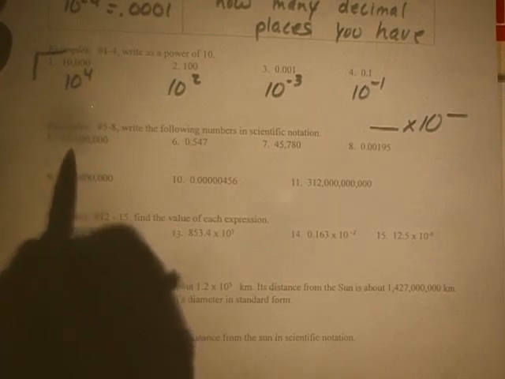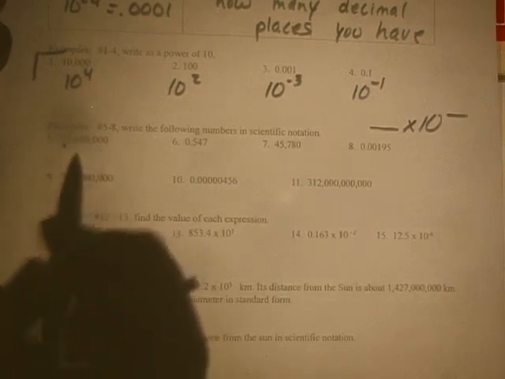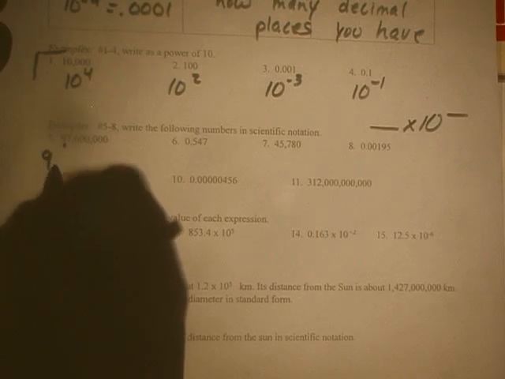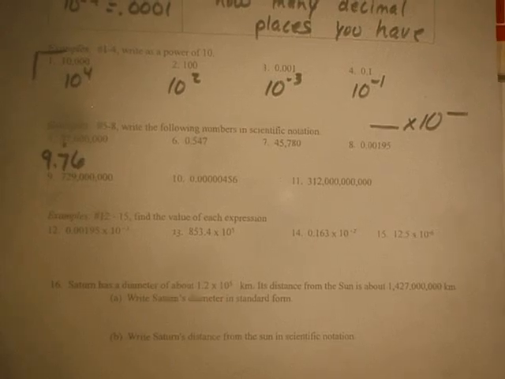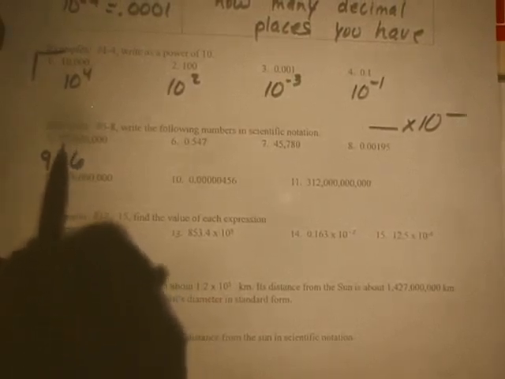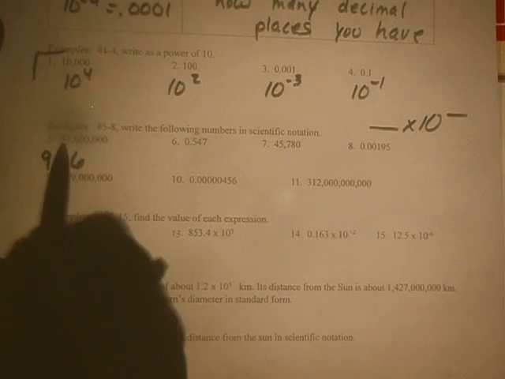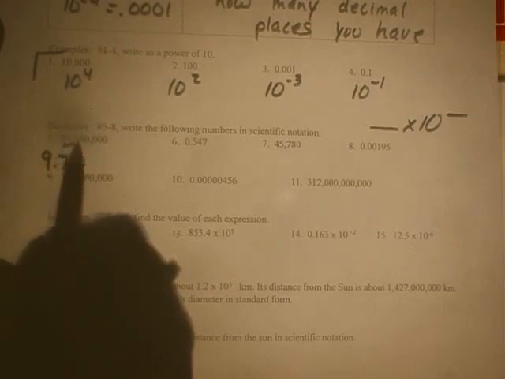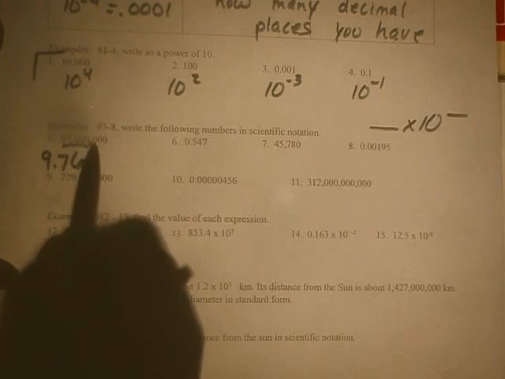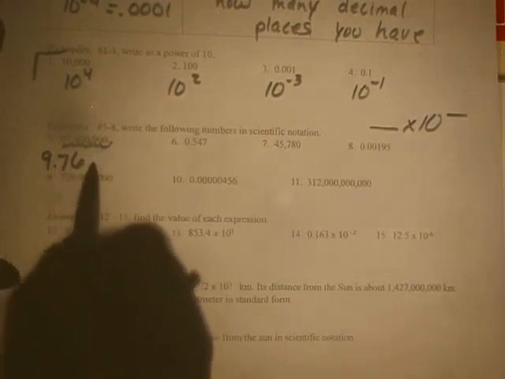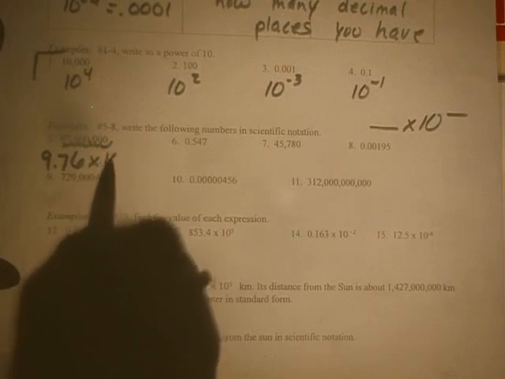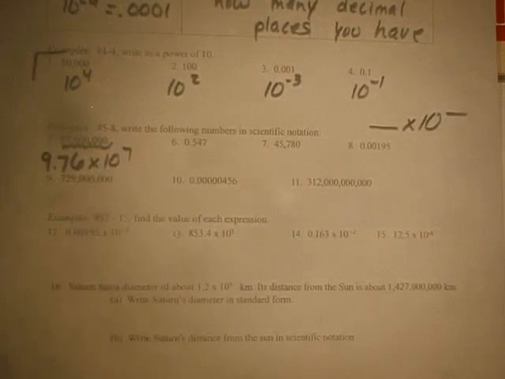Right here, we could put a decimal between the 7 and the 6, and we would have 9.76. That's a number between 1 and 10. Then our decimal point has to move over 1, 2, 3, 4, 5, 6, 7 places. So that would be 9.76 times 10 to the 7th.